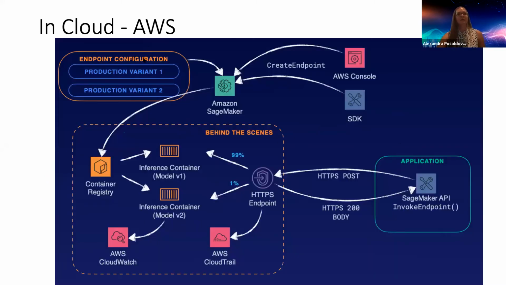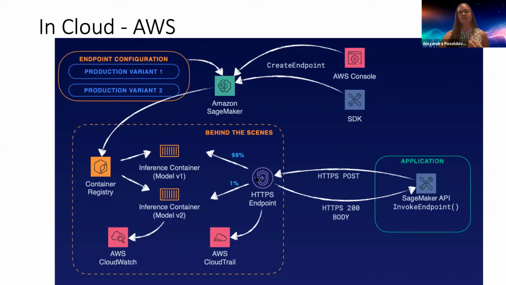For AWS, the overarching architecture is similar to Azure as well. But one thing that I don't think Azure is doing is that you can deploy multiple versions of your model. So within one container registry, you can have, let's say, two or more versions of your machine learning model, and you can manage your traffic to each of them.